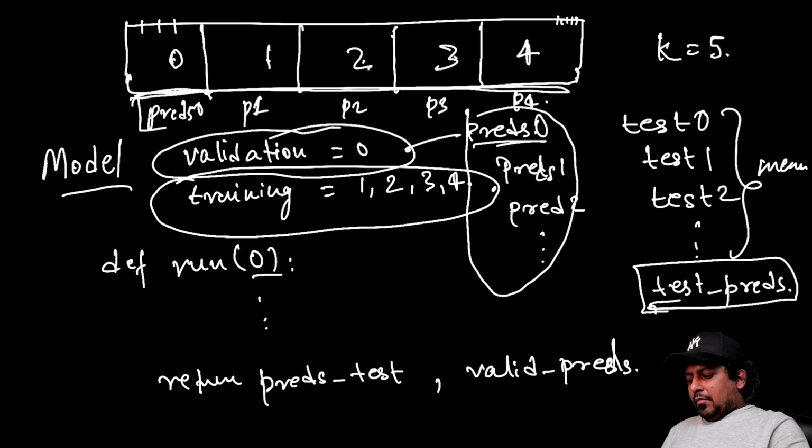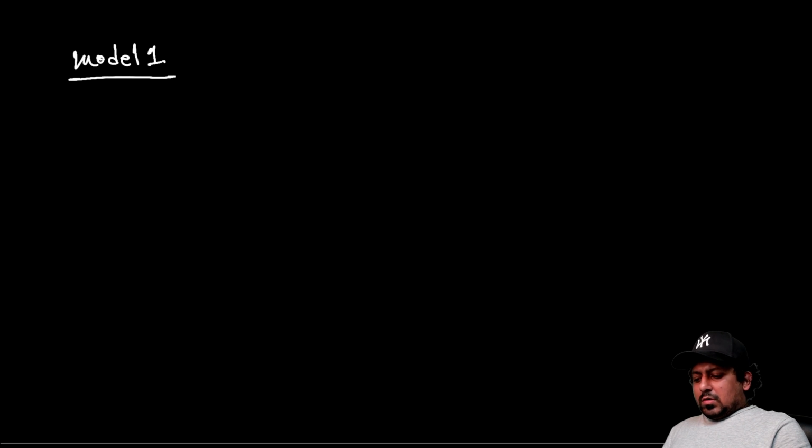So when we have all the valid predictions, we are actually making a new set. We are making a new training set. So let's say my model 1, some model, it can be XGBoost, LightGBM, CatBoost, linear regression, whatever.